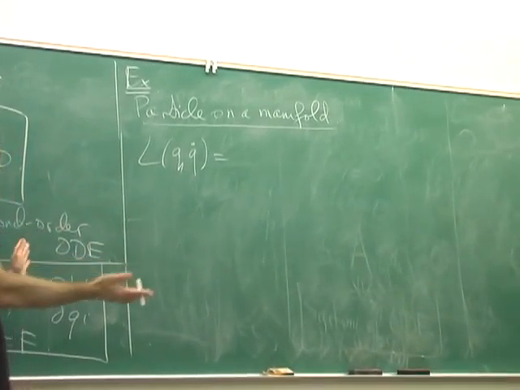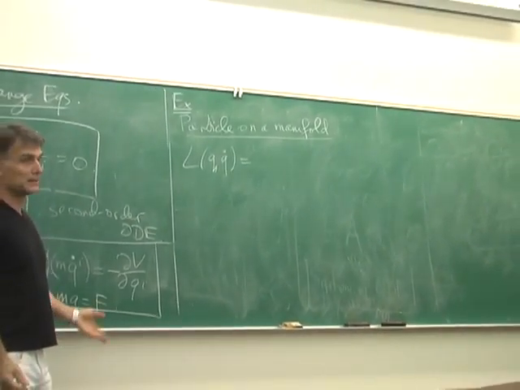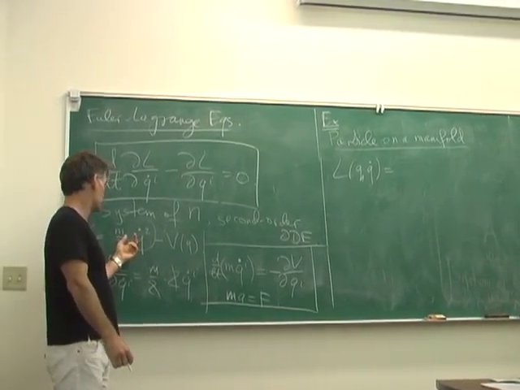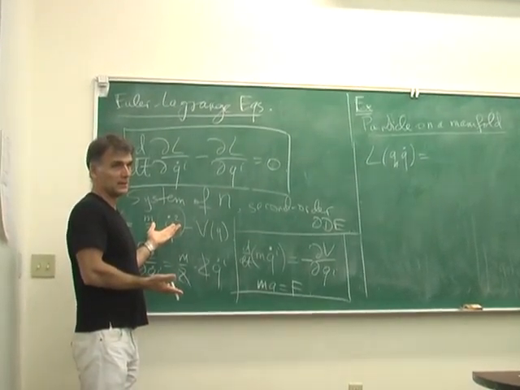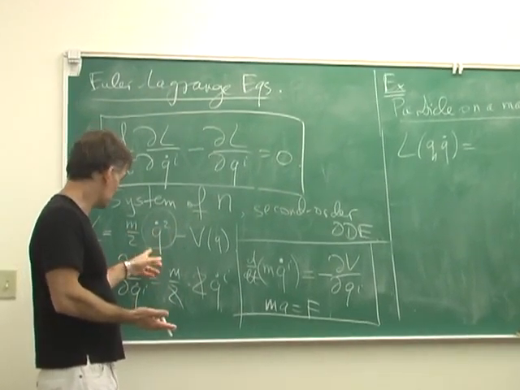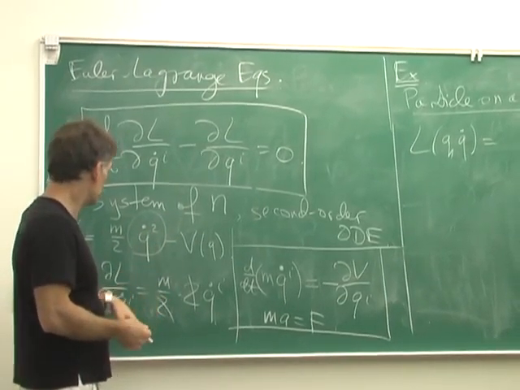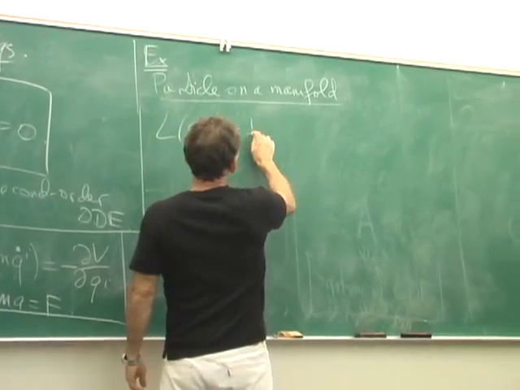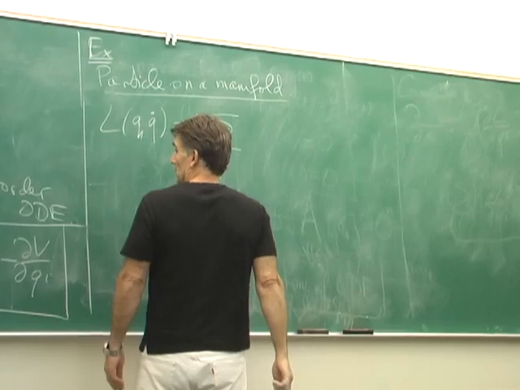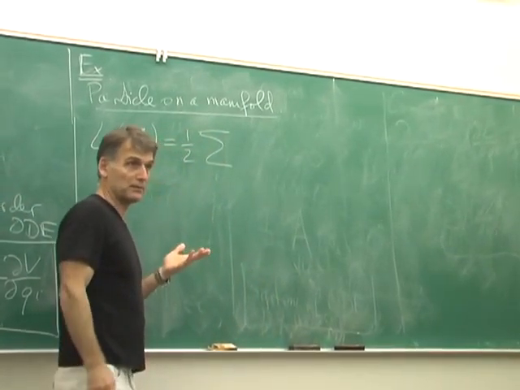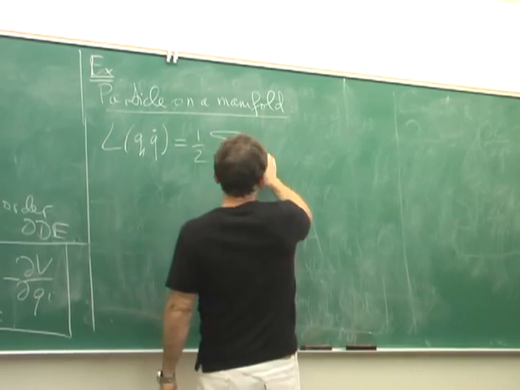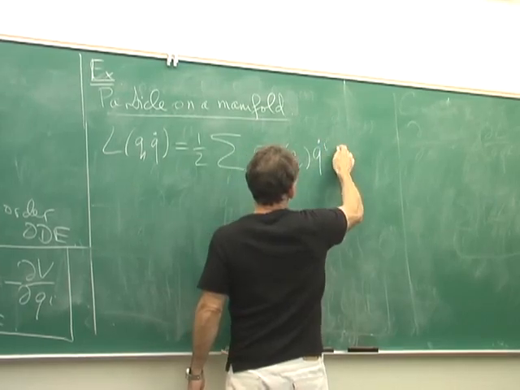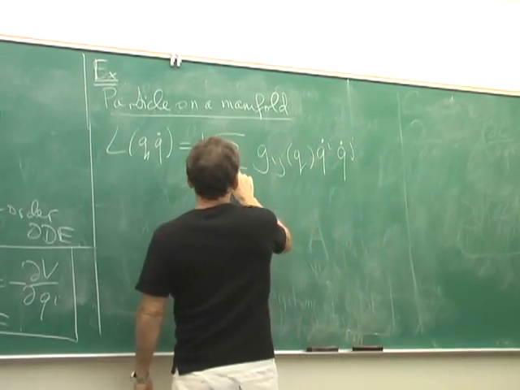Again, it's kinetic energy minus potential energy. We'll assume that kinetic energy, well, this velocity square certainly is not an invariant object on the manifold, so we just need to replace that by an invariant quantity. Well, the mass is not that important, let's call it 1. So it's 1/2, and to make that velocity square an invariant thing, you need the metric. So I'm going to write g_ij q dot i q dot j, summed over i and j.